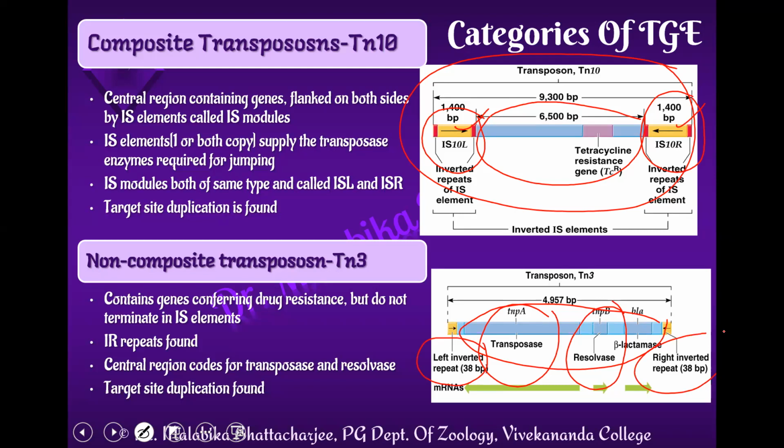So when the concept of differentiating between composite and non-composite transposons arises, obviously keep it in mind to explain it with an example. The example of a composite transposon is Tn10, and the example of a non-composite transposon is Tn3. I'll show you some more examples of composite transposons. This is a non-composite one, without insertional sequences at the boundaries. The next pictures will show you some composite transposons.